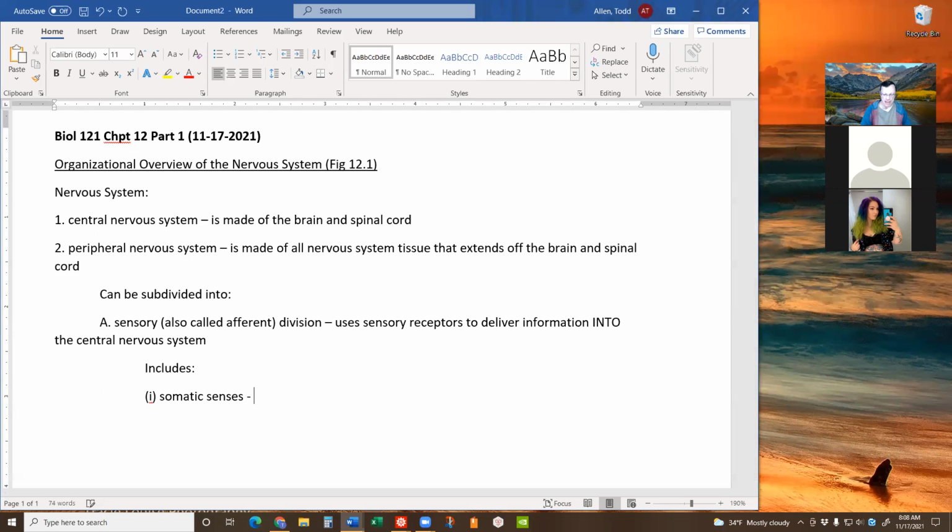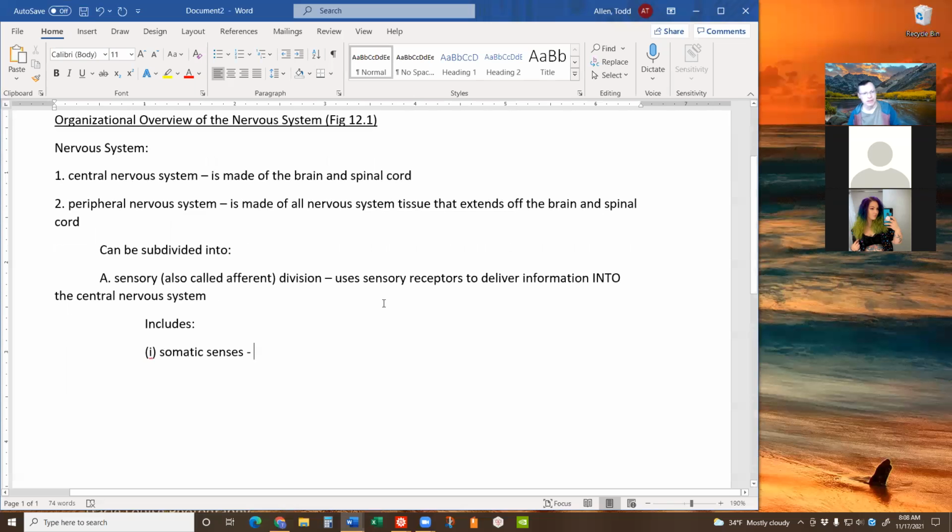And when we say somatic senses, we're referring to the sensory neurons that allow your body to detect pressure at the surface of your body when somebody gives you a hug, or to detect changes in temperature with the outside surrounding air, or just to detect touch, right? If somebody's touching your arm to give you encouragement about something. Those sorts of sensory neurons are part of the somatic senses.